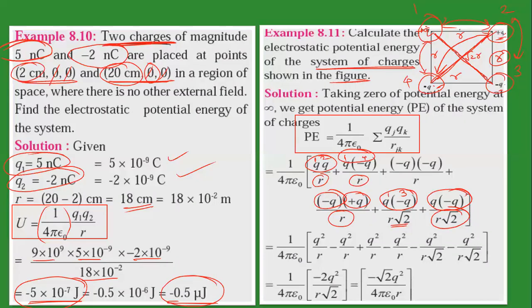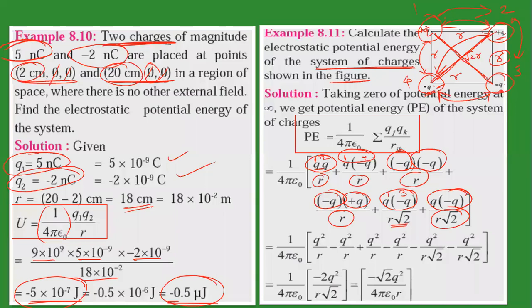Now we cannot consider 2 and 1, because we already wrote it here. 2 and 1 and 1 and 2 are the same. So we consider 2, 3, 2, 4. Now 3, 4. So this combination: 3 is minus Q multiplied by minus Q, divided by R. So this is the formula we get.